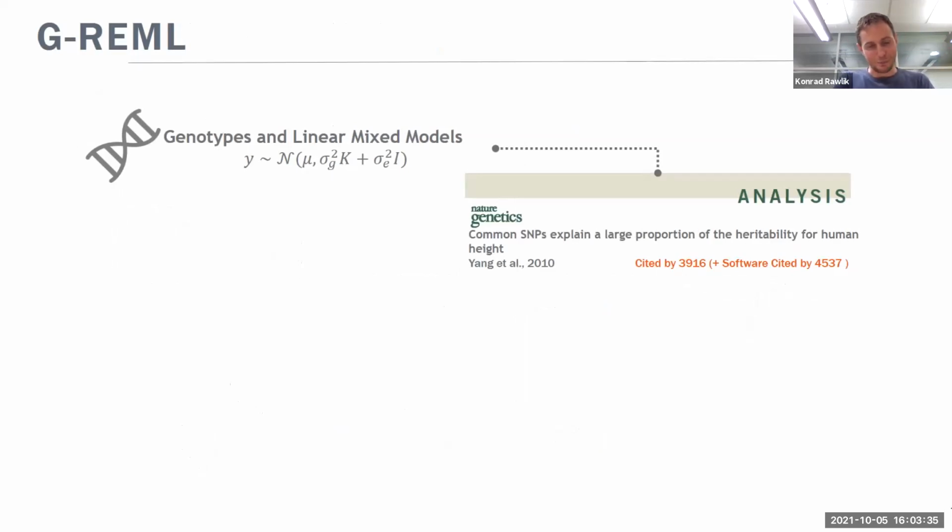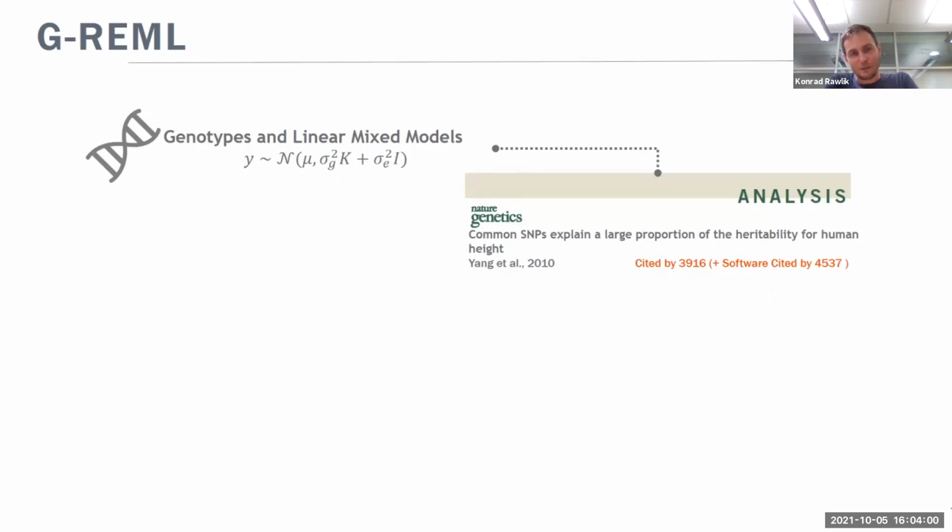I know that in animal breeding, it arose earlier with this paper by Yang et al. in 2010, and it's been super popular. This paper has been cited like 4,000 times. The software has been cited another 4,500 times. And basically all papers estimate heritability when they do anything in humans.